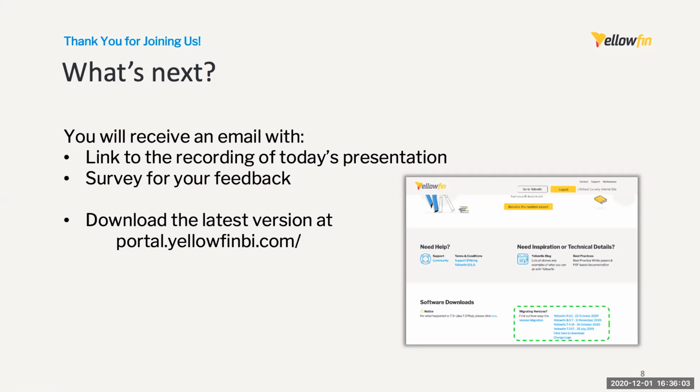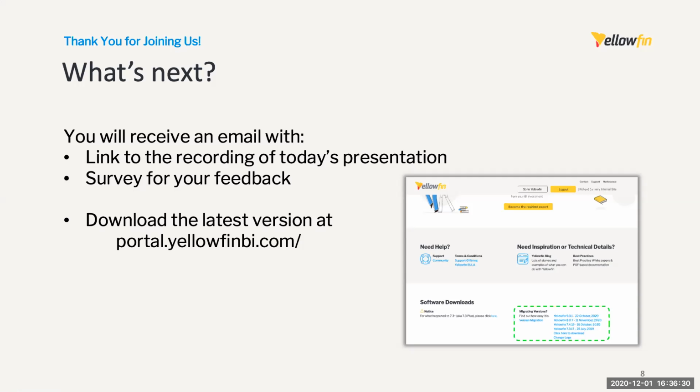For anyone who's not on the latest version of Yellowfin, please make your way to the portal, portal.yellowfinbi.com. Once you're logged in, scroll down to the software download section, and on the right-hand side, you will have a section to select which version. You can see on the top right here, you might not be able to see the image very clearly, but the top item is Yellowfin 9.3.1, and it shows the date when it was released.